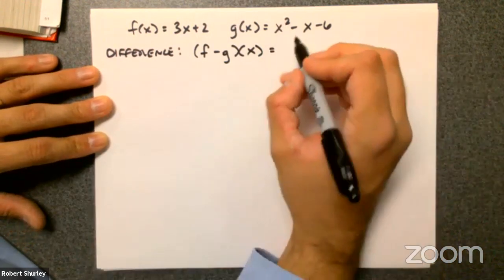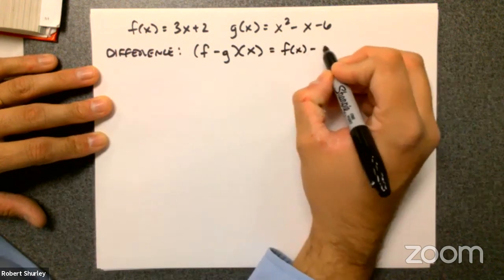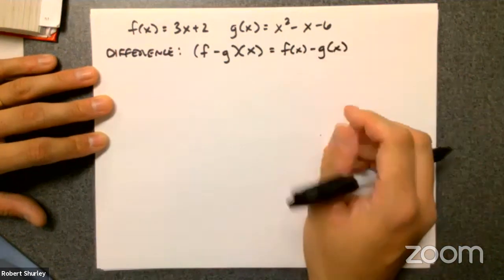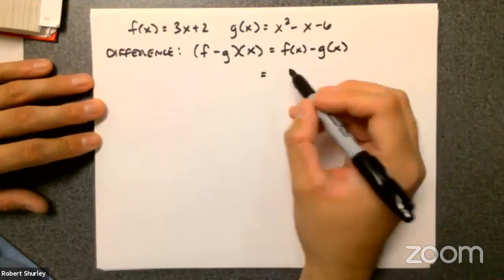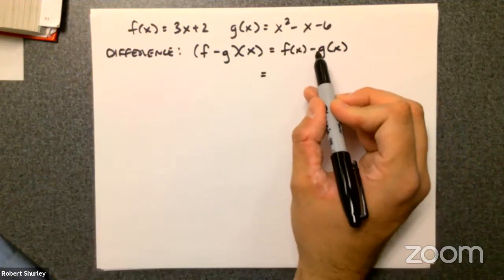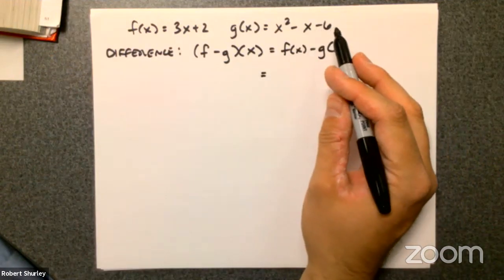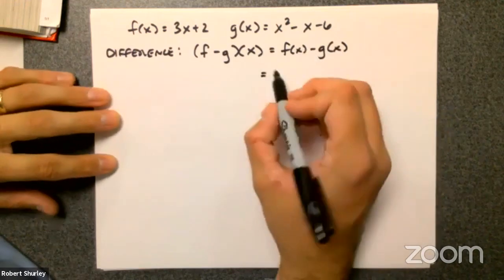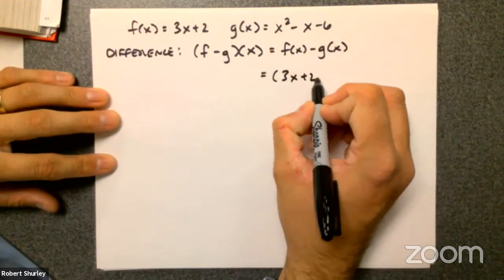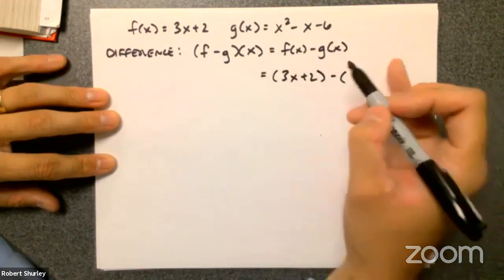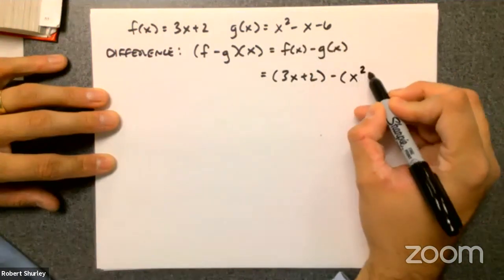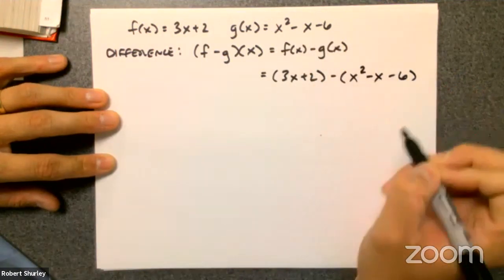And really all you're doing is f of x minus g of x. Not a big deal, okay? So the big deal is going to be the fact that we have to distribute this negative through this trinomial. So f of x we know is 3x plus 2 minus, now g of x though is this trinomial. It's x squared minus x minus 6.